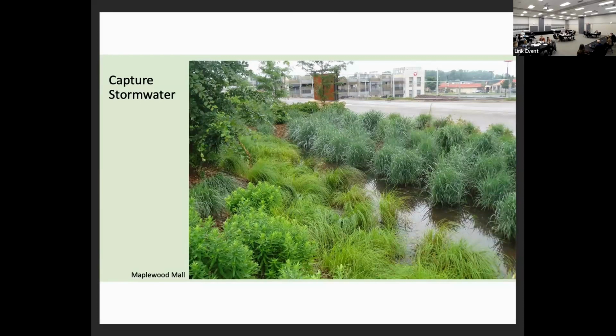So we want to collect water off of the hard surfaces that we have, because it's a problem when it runs downstream. We flood other communities and we take pollutants with us. But if we can use it in our landscape, we don't have to irrigate. We can save energy there, and we can recharge groundwater, and a lot of other benefits too, like filtering. Next image.